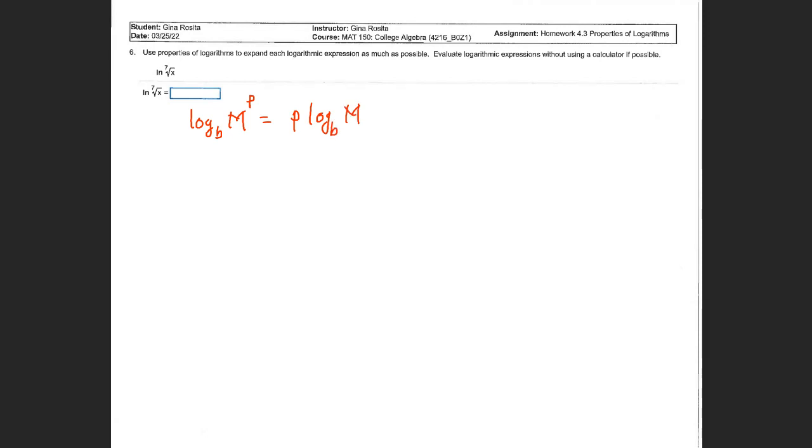So now our problem is natural log of the 7th root of x. Remember, it's just over here.